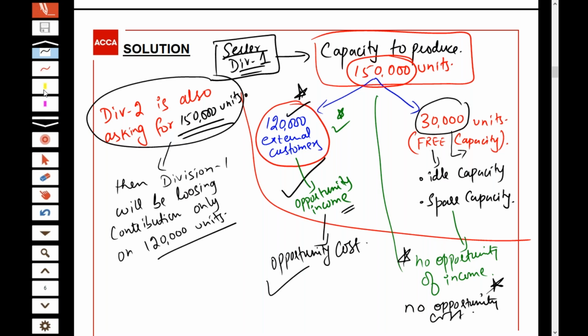When there is no opportunity income, there is no opportunity cost. When there is opportunity income, there is an opportunity cost. It's a very simple formula to memorize.